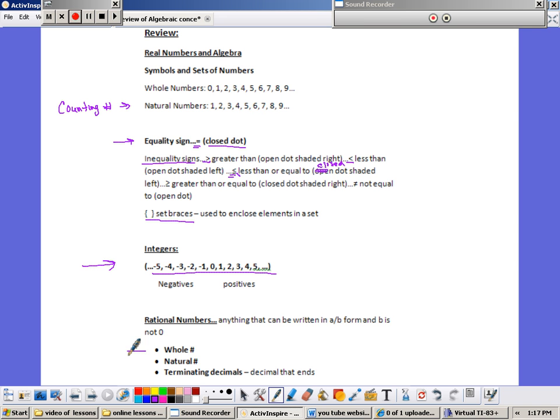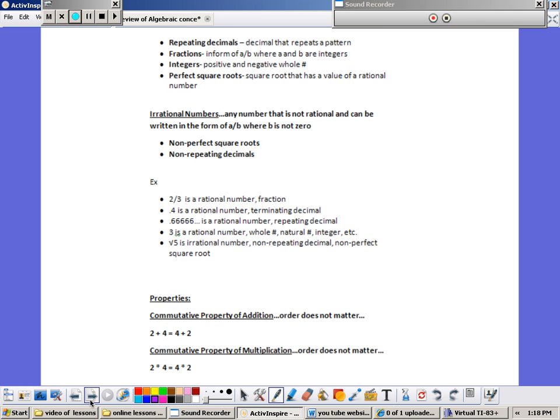Okay, so we talked about whole numbers and natural numbers. Okay, they're terminating decimals. A terminating decimal is a decimal that ends, like 2.5, 2.62. Okay, these are all, so far, rational numbers. Rational numbers are anything that can be written in fraction form where the denominator is not 0.